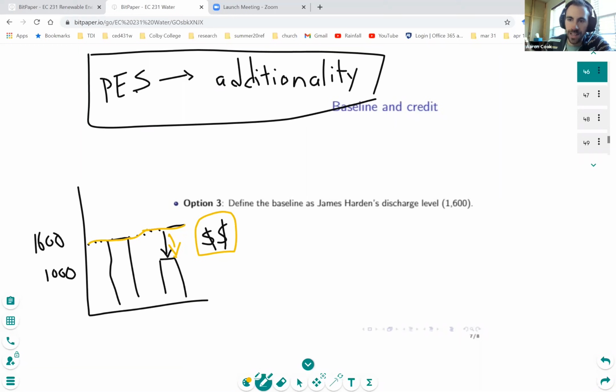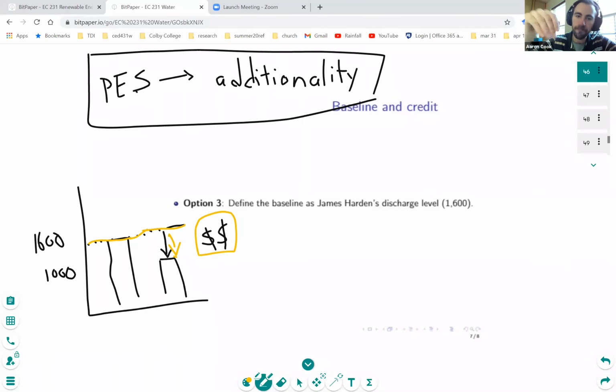So that violates one of the key criteria of payments for ecosystem services programs, which is that the payments be additional. It's a little bit of a waste of money to spend money on things that don't add additional pollution reduction or conservation.